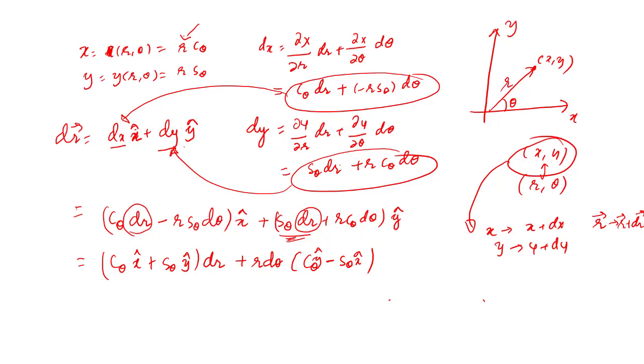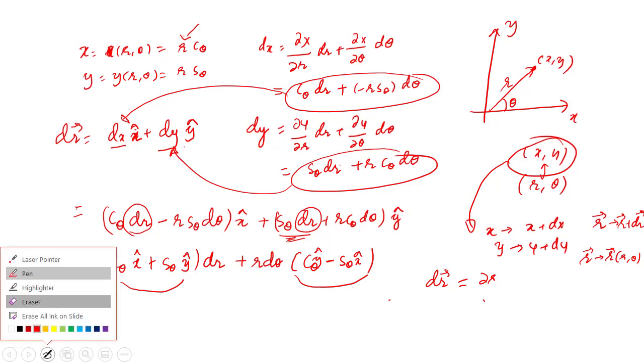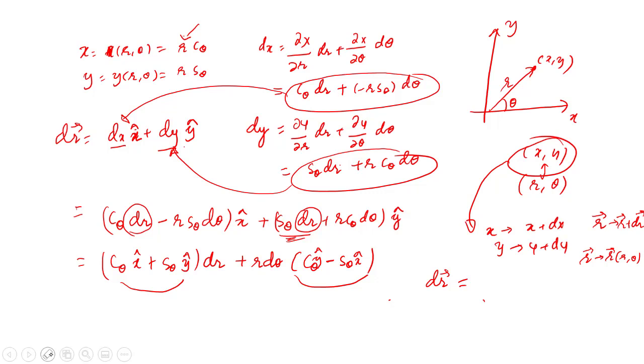So you can see that this is a vector and this is a vector, but we can also write dr. If I were to write r itself as a function of r and theta, right, then dr would be ∂r divided by ∂r dr along r plus ∂r divided by ∂theta d theta along theta, right?